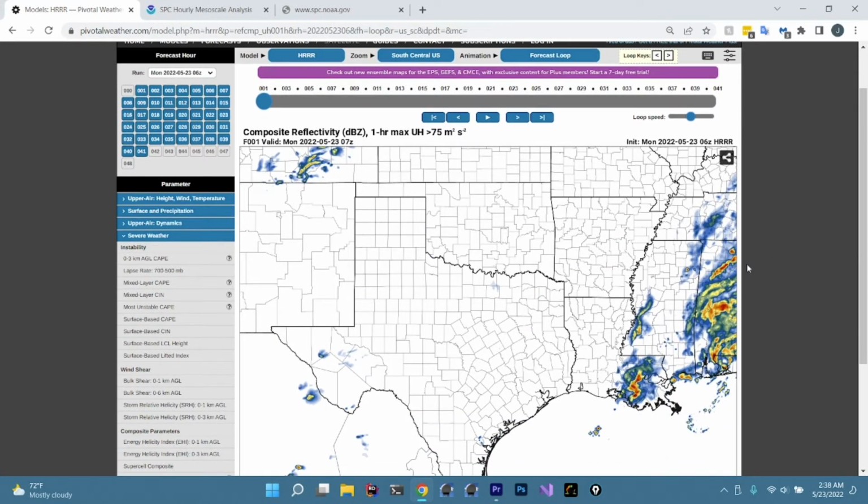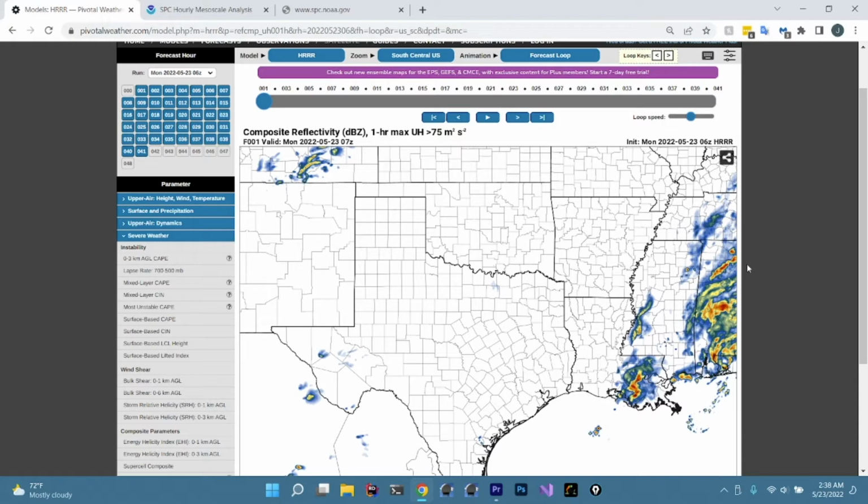So I'm going to start by talking about the four ingredients that we need for severe storms. Three of those ingredients are needed just for storms in general, but the number one thing that we need is a source of lift. No lift, no storms. The number two thing that we need is some moisture.